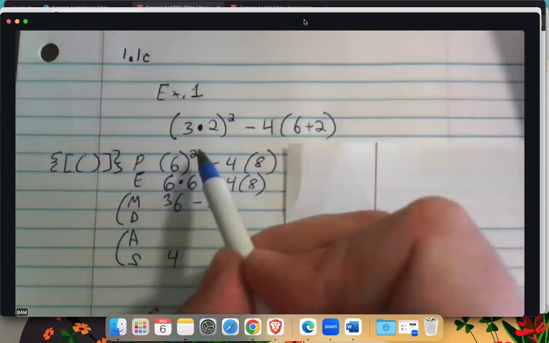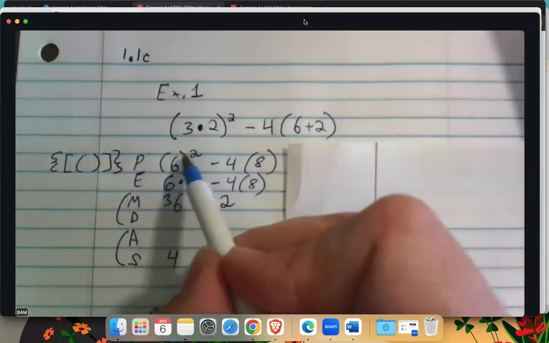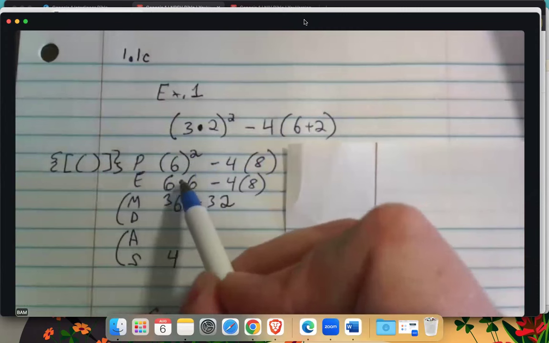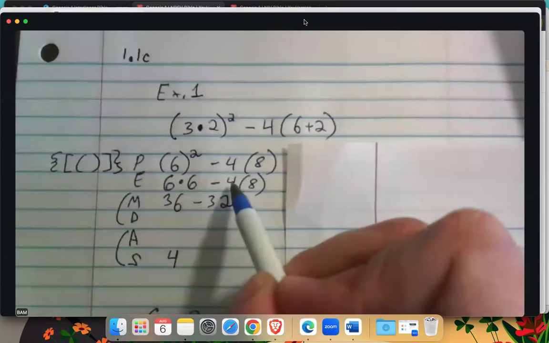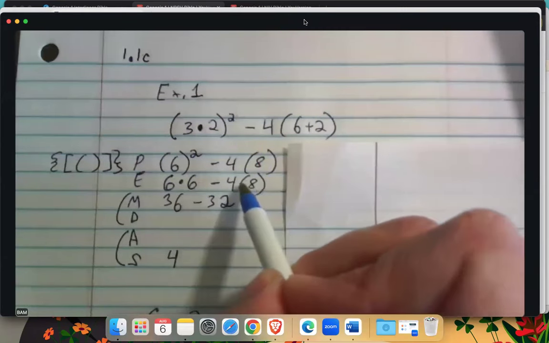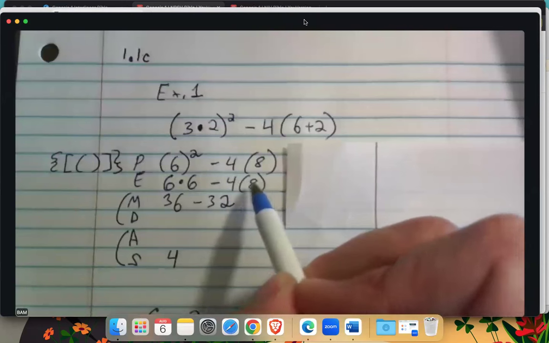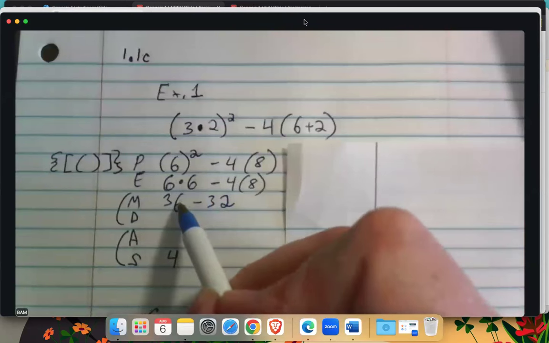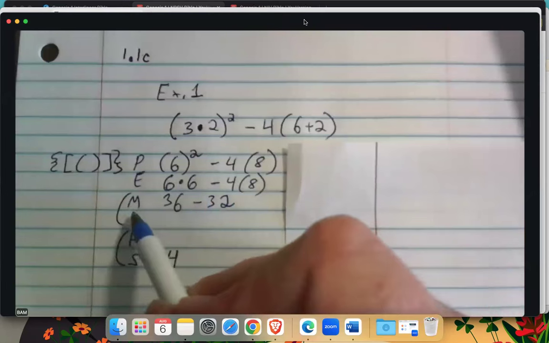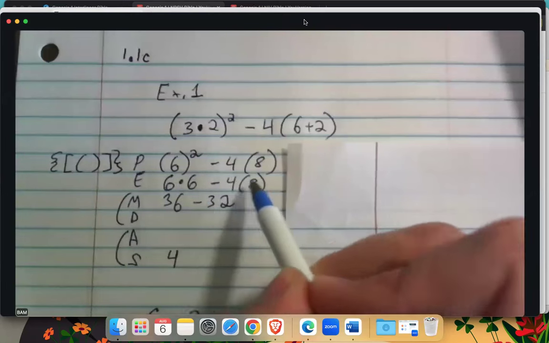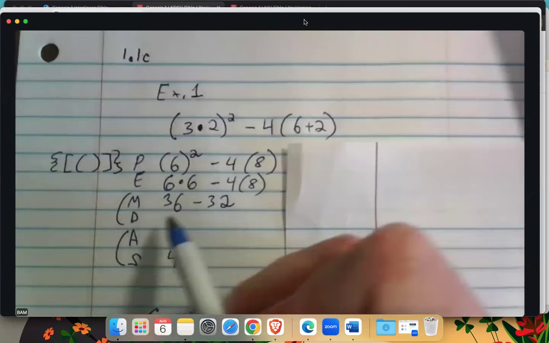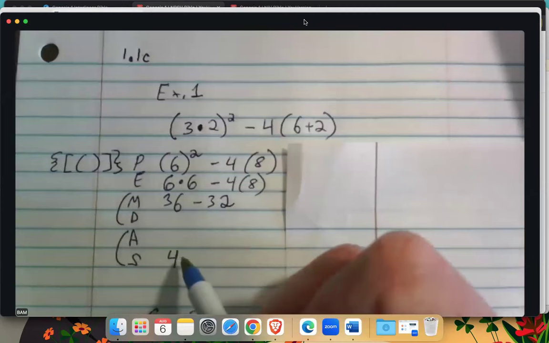So for exponents, we have a 2, and that means the inside of the parentheses times itself, 6 times 6. And I didn't do this yet because we didn't really have any exponents over here. And 6 times 6 is 36. We're multiplying and dividing from left to right. 4 times 8 is 32. We don't have any adding, but we do have subtracting. 36 minus 32 is 4.